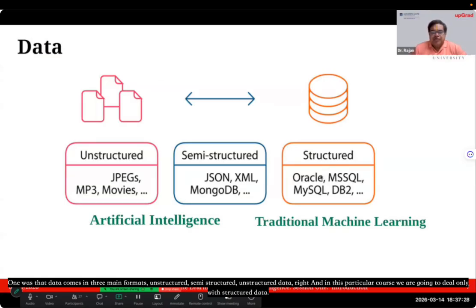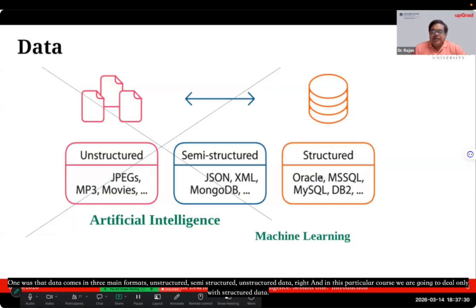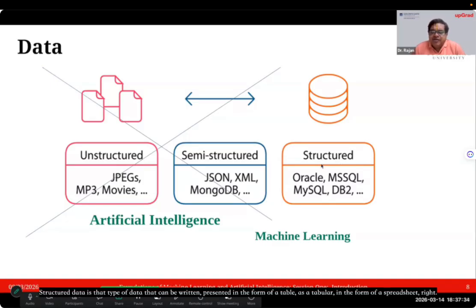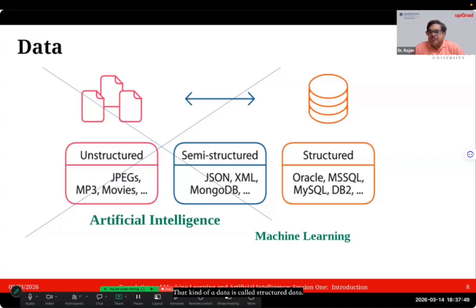And in this particular course, we are going to deal only with structured data. Structured data is that type of data that can be presented in the form of a table, as tabular data, in the form of a spreadsheet. Right? That kind of data is called structured data. In this particular course, we will deal only with structured data. That's what we started with.